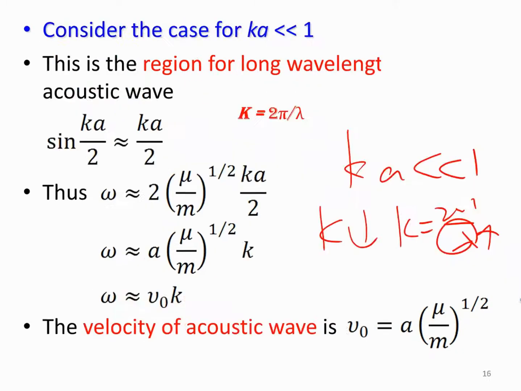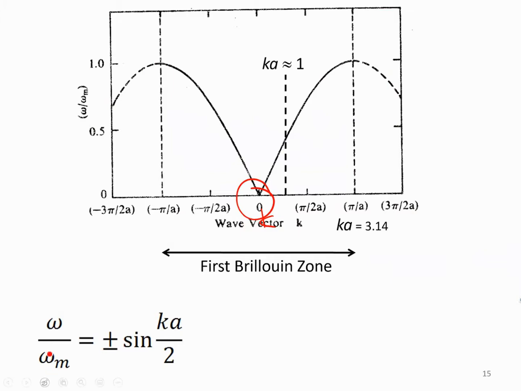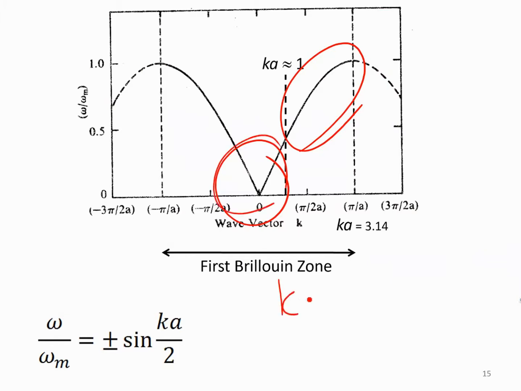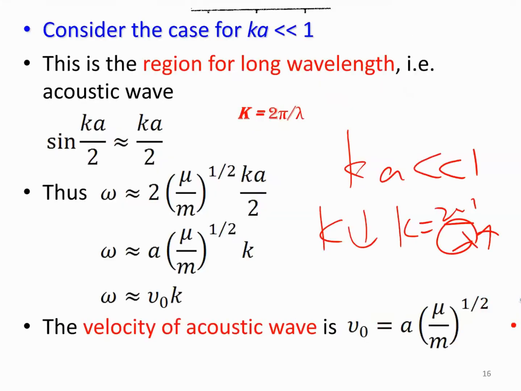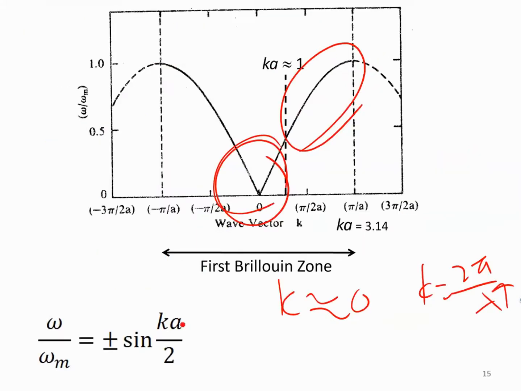I repeat, now we want to look at this graph from two perspectives, one from this section and the other from this section. For this section, K is near 0, and K equals 2 pi over lambda. When K equals 0, lambda is very large, so Ka is very small. So when K is very small, we can rewrite sine Ka over 2 as Ka over 2.